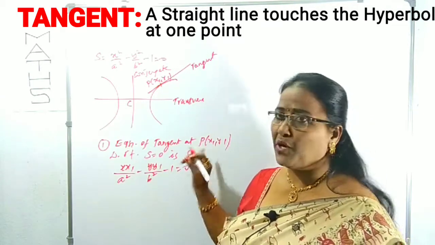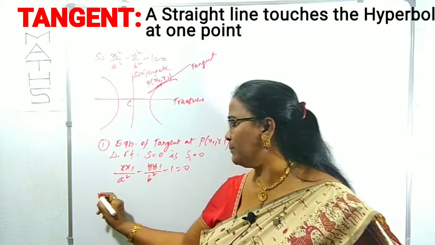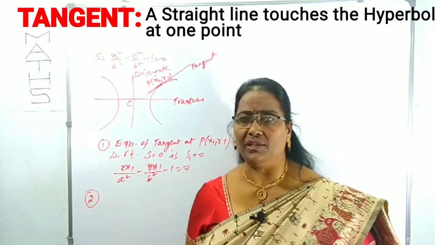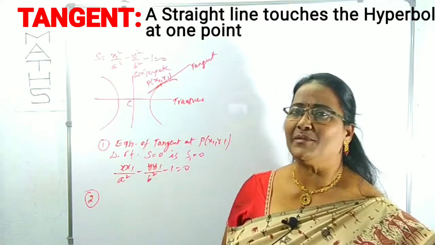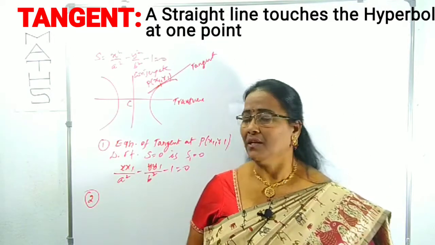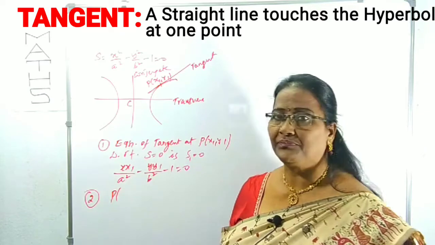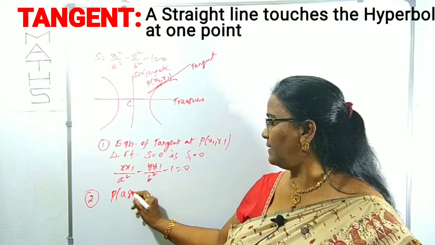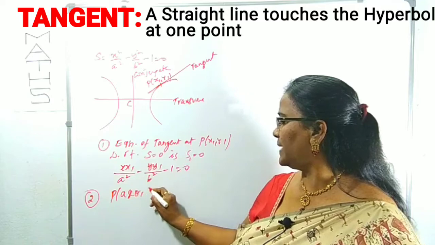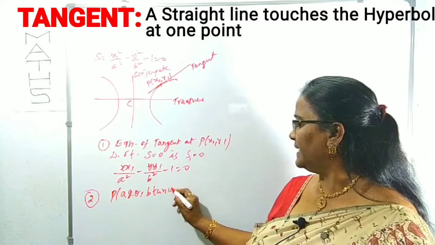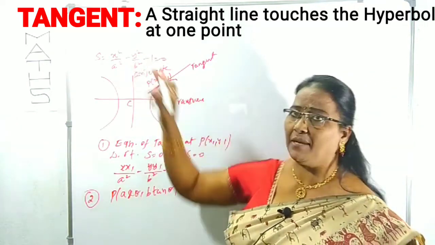Not only at some point x1, y1, we can also discuss the tangent at the parametric point. What is a parametric point on the hyperbola? We can observe that the point P(a sec theta, b tan theta) clearly lies on this hyperbola.